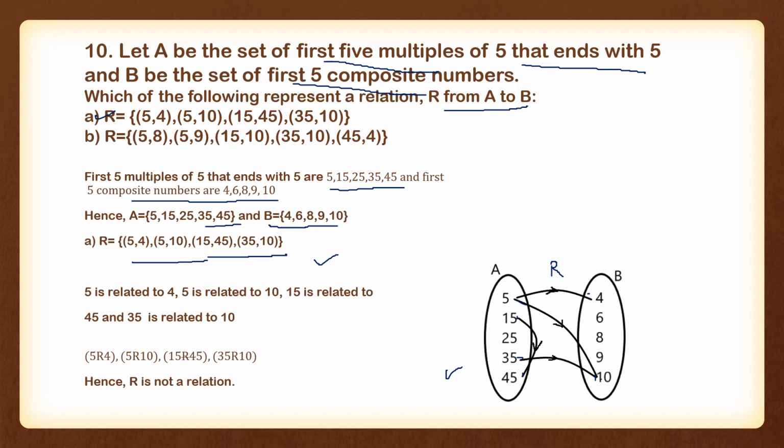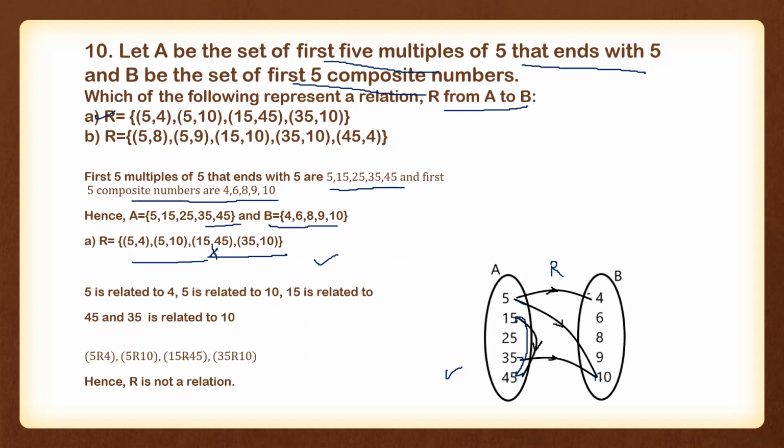These are related. We know the definition. According to the definition, an element of the same set cannot be related to an element of the same set. So we have to see 15 and 45. 15 and 45 does not satisfy the relation definition, so it is not a relation.